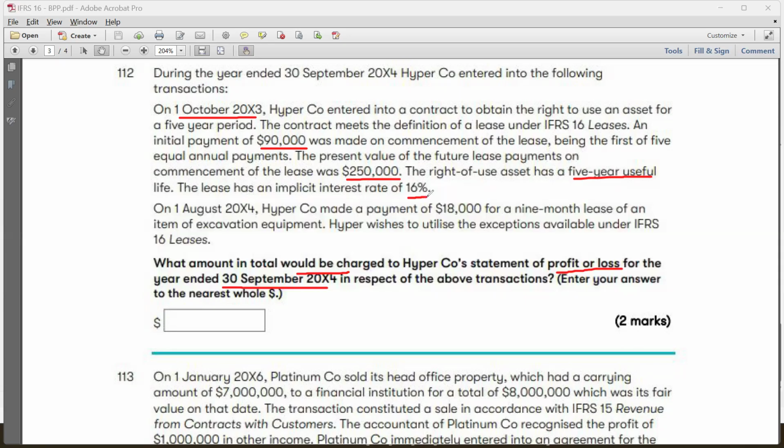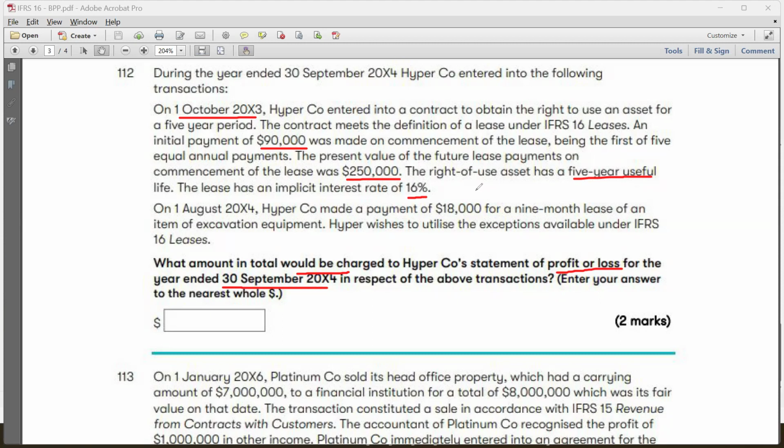So we're going to take this present value of the lease payments and multiply it by 16% to calculate the interest. And then we add the present value of the future lease payments plus the advance payment, and divide this by 5 to calculate the depreciation charge. So this is just the old stuff that we have been doing for profit or loss: the depreciation and the interest.